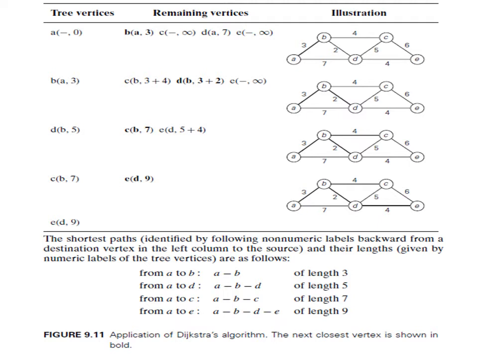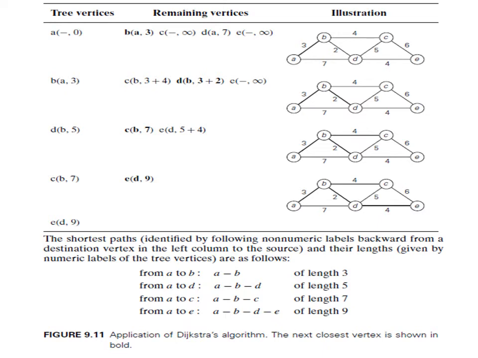So if A is the source vertex, we have to find the shortest path from A to B, A to C, A to D, A to E. So here we have to add each vertex every time. It works like Prim's algorithm, almost similar to Prim's algorithm, but here we are going to find the shortest path.